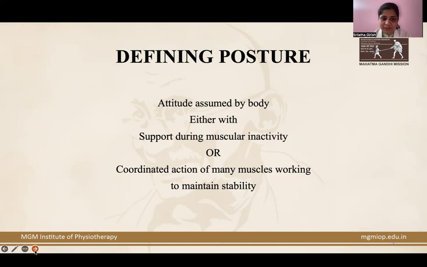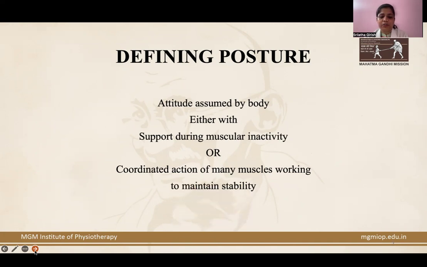The second part of the definition is about how well our muscles work together to keep us steady when we are active. That is, whether our muscles work together while we are walking, lifting things, or doing anything else where our muscles team up to help us stay balanced or in control.